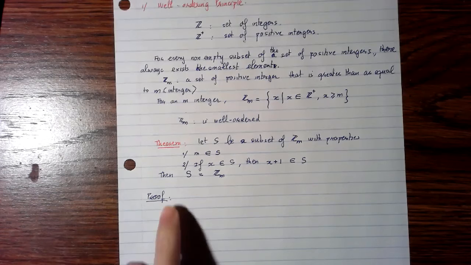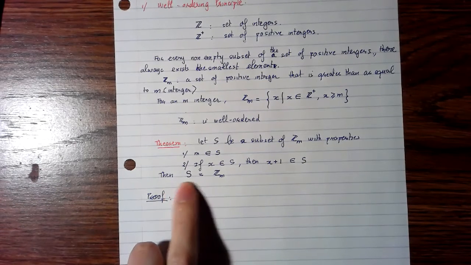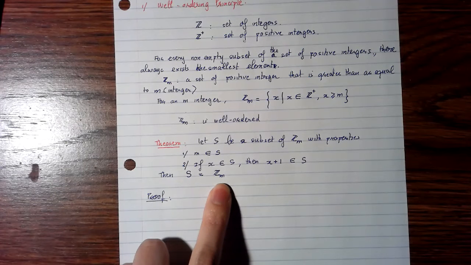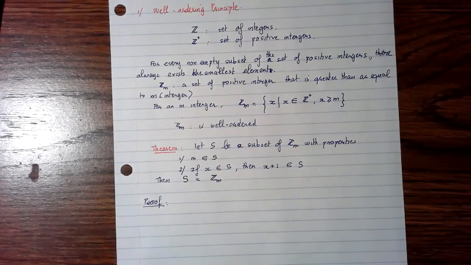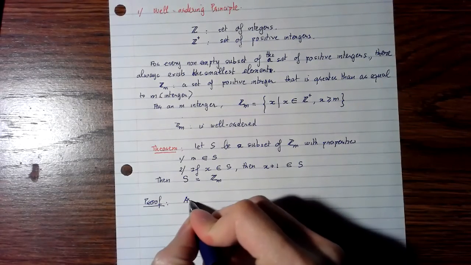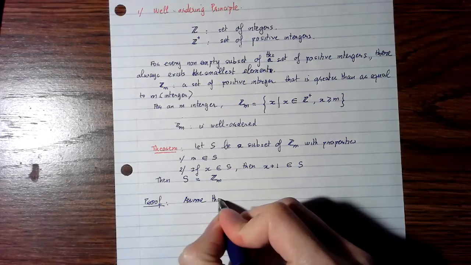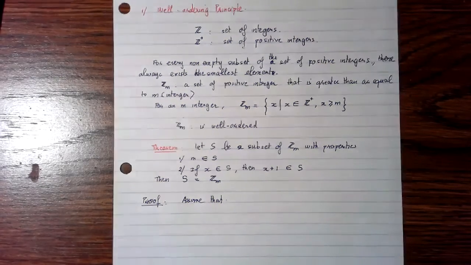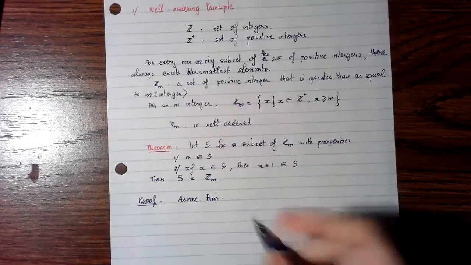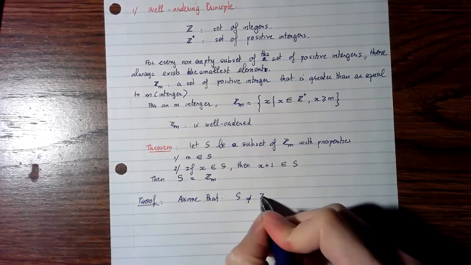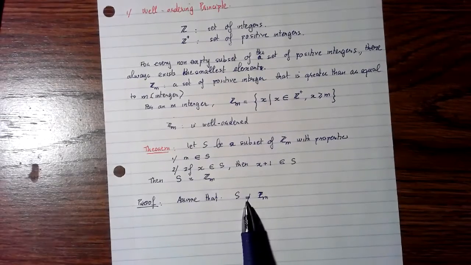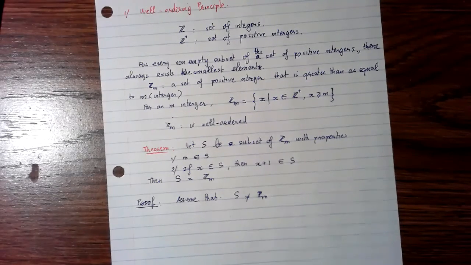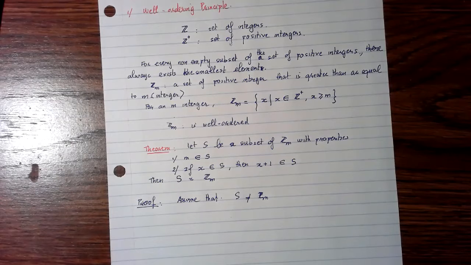So we're gonna start from the conclusion right here. Over here, they want us to prove that S equals Z sub M. Because we prove by contradiction, I'm gonna assume that S is different from Z sub M. So we start with this, and we're gonna go backward.